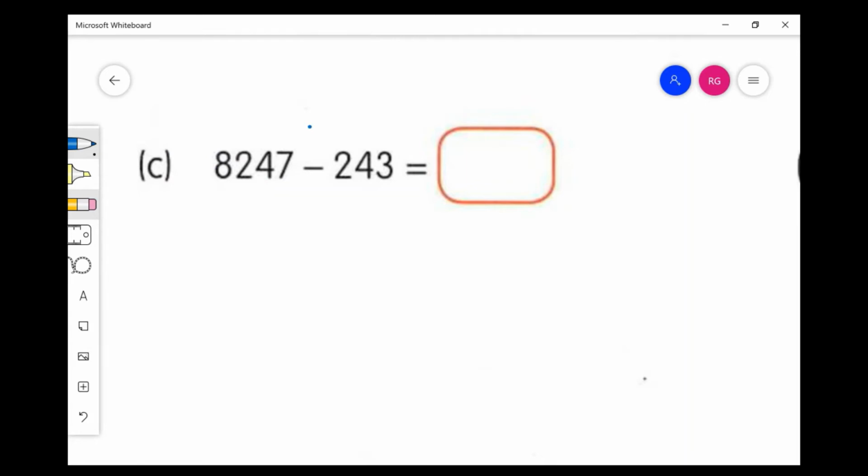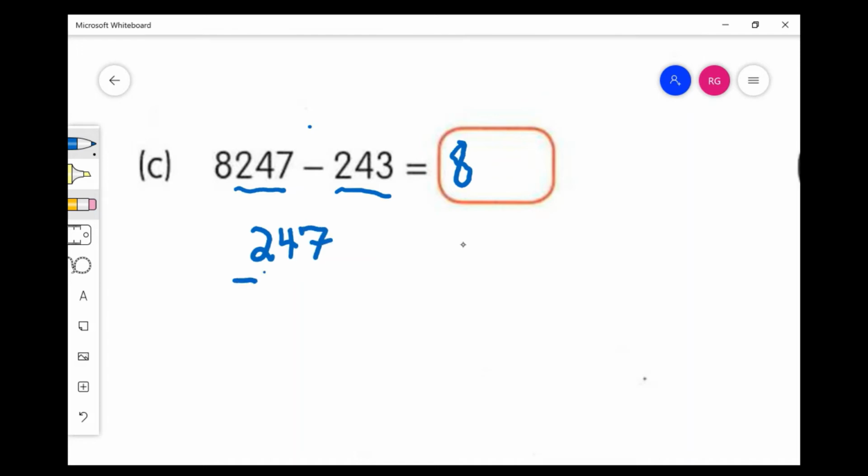It says 8,247 minus 243. Well, for this one, I just look at this part right there. So I know it's going to be 8,000. That's obvious. I can almost do this in one step, but I'll just go ahead and write out what I do.